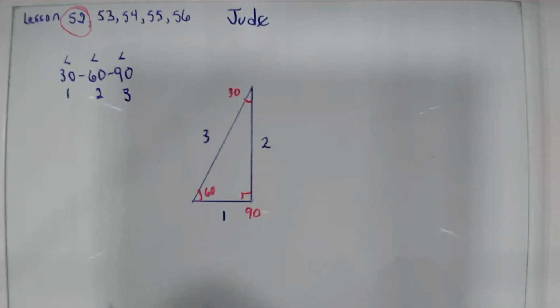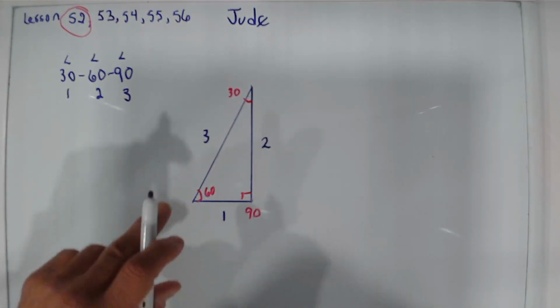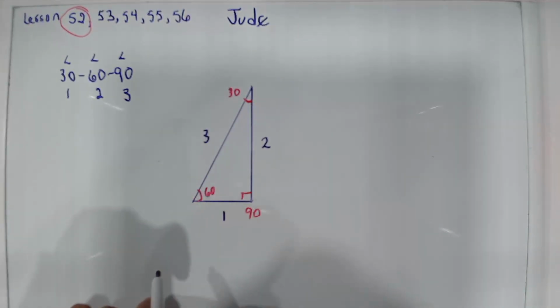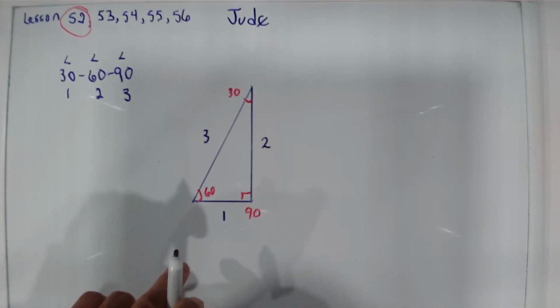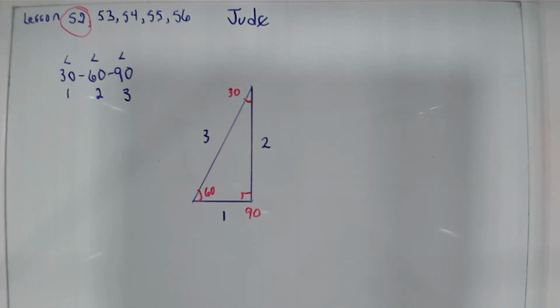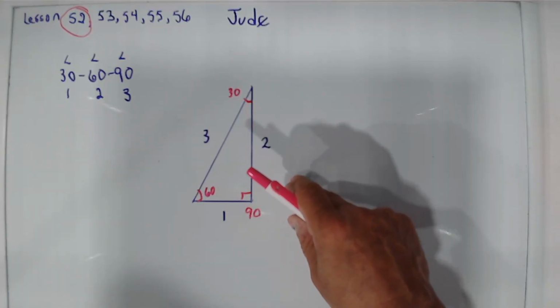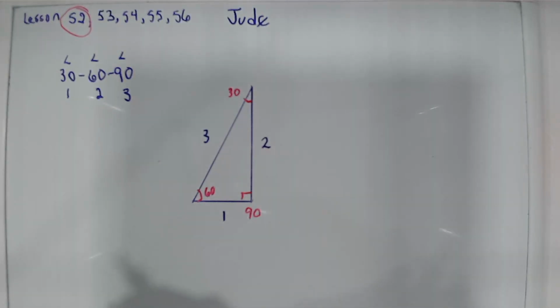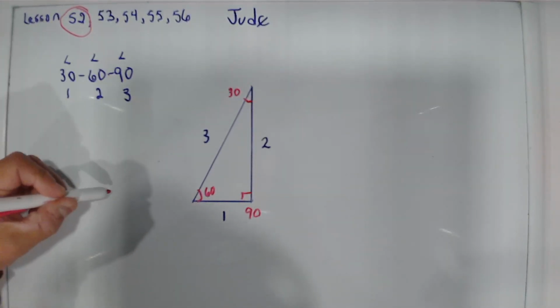Whenever you have a triangle that's 30, 60, 90, the proportions of the lengths are going to be 1, 2, and 3.